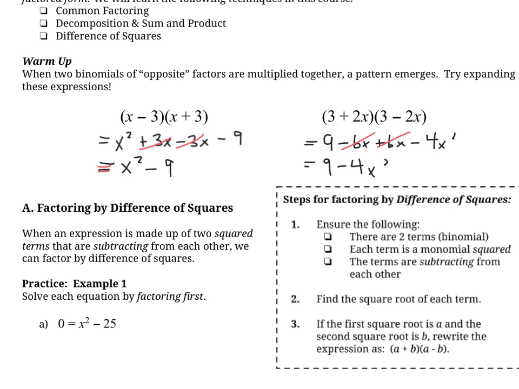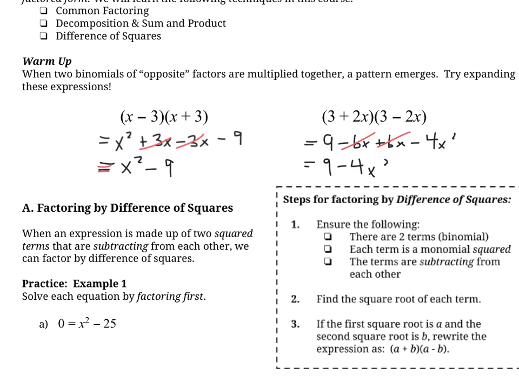Let's really figure out if we can understand what the pattern is. So far, what we know is that when we multiply these conjugate factors, which are like opposites of each other, there's no middle term. When we multiply them out, the middle term went away, and we're just left with the first term squared and the second term squared, and then a minus sign in the middle. Looking at this one here, again the middle terms go away with these conjugates, and our result is the first term squared and the second term squared, with again a minus in between.